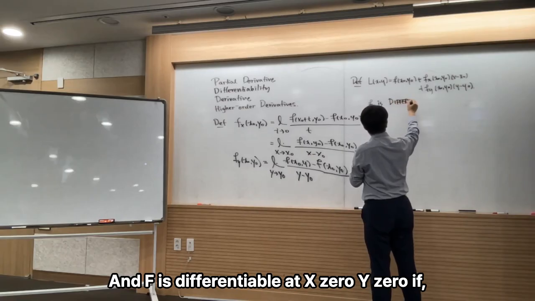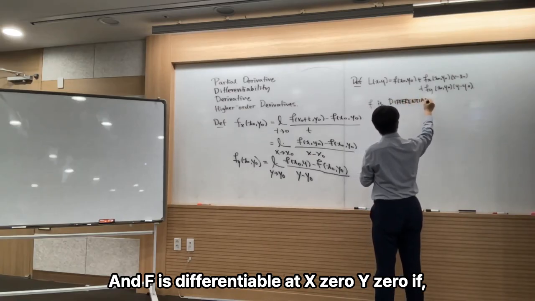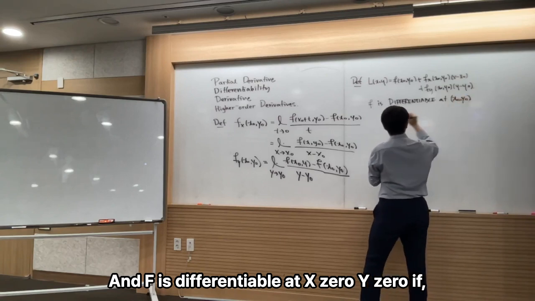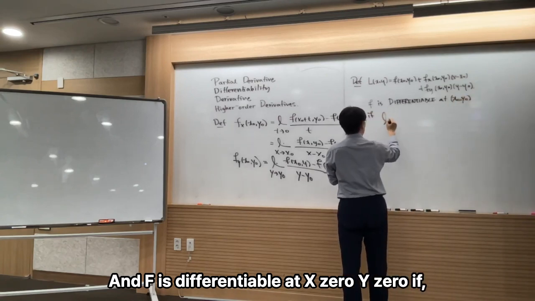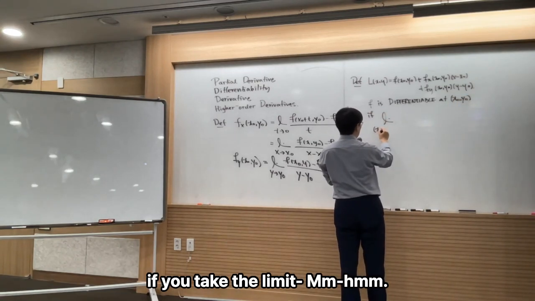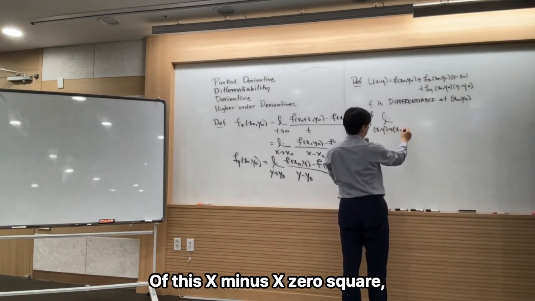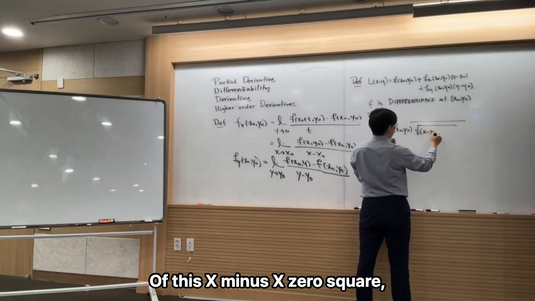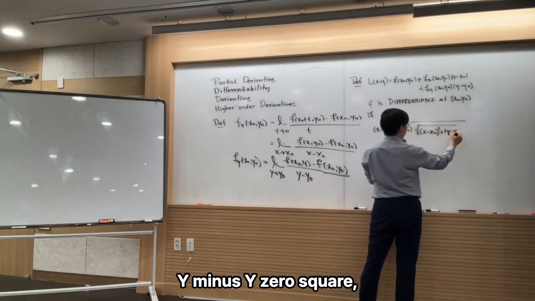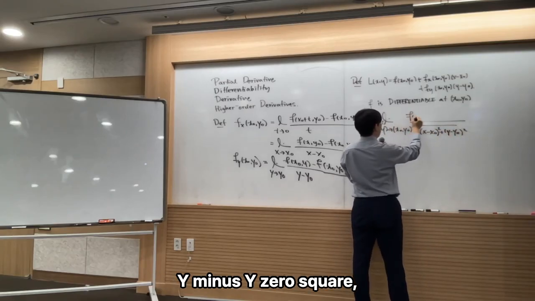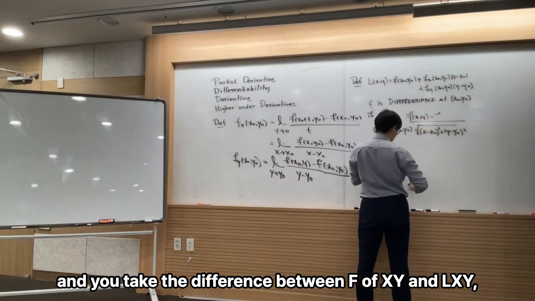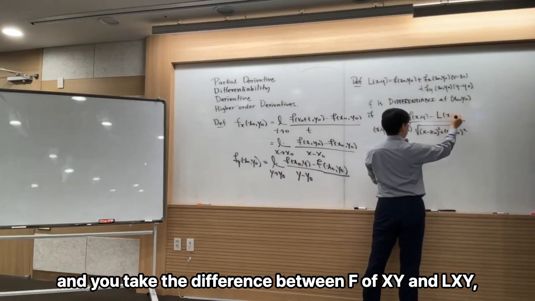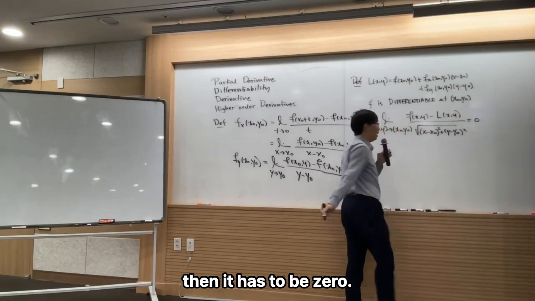And f is differentiable at x0, y0 if you take the limit of this: x minus x0 squared, y minus y0 squared, and you take the difference between f of xy and Lxy, then it has to be 0.